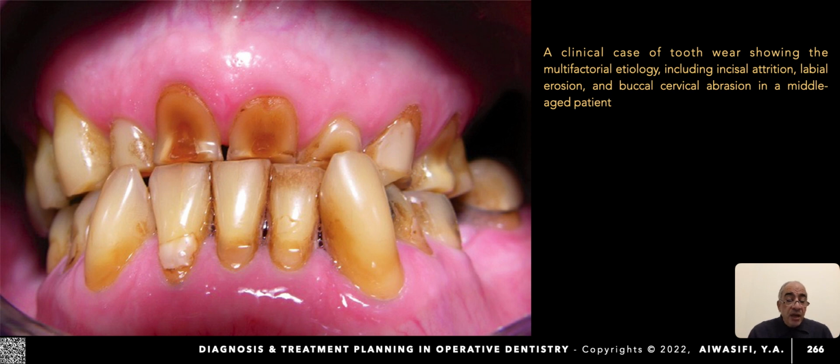You could note also exogenous erosion of the centrals due to using an extrinsic source of acids, having a multifactorial etiology. You could note many types of tooth wear: attrition, erosion, cervical abrasion. And the patient is middle-aged.